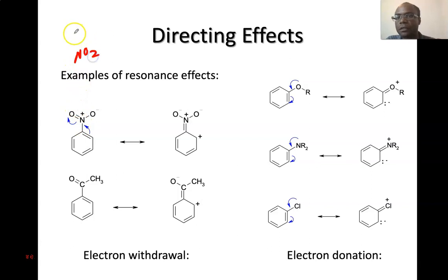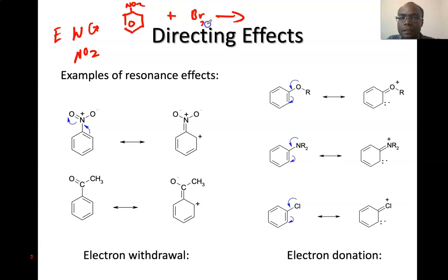NO2 is a very strong electron withdrawing group. So if you try to understand why, let's say you had an NO2 and you do halogenation, for example, I think that's an easy example to use. The question is, why will the Br end up on position 3 or position 5?